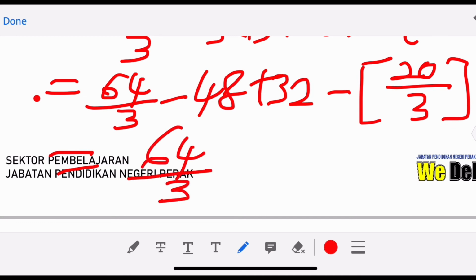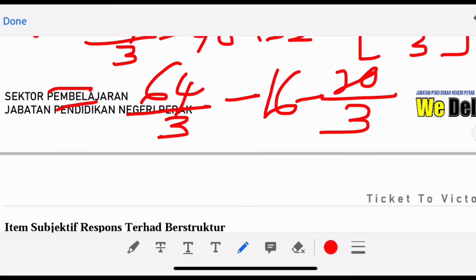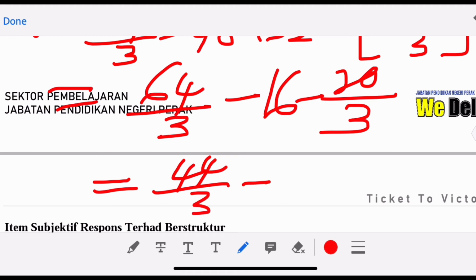So now we just focus. This one is 64 over 3 minus 48 plus 32, which is 16, minus 20 over 3. So we expect the answer to be negative. Here we have 64 minus 20, so 44 over 3 minus 16 will be 48 over 3.